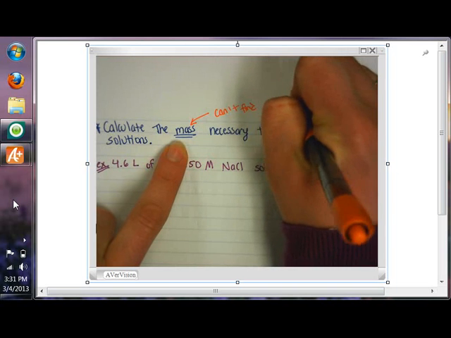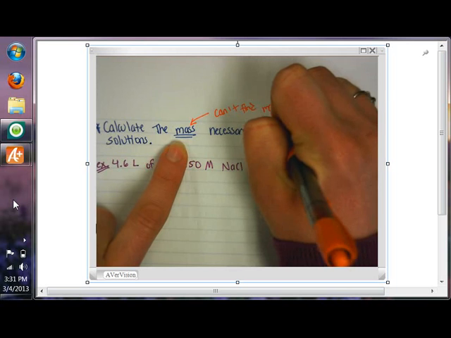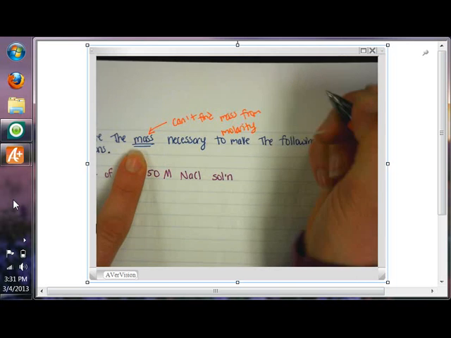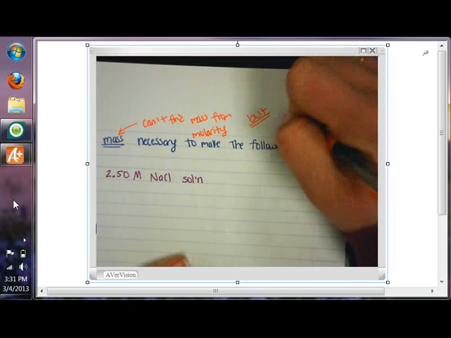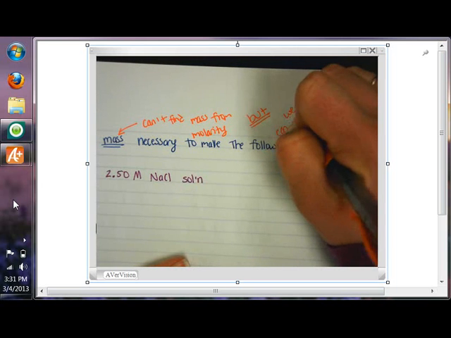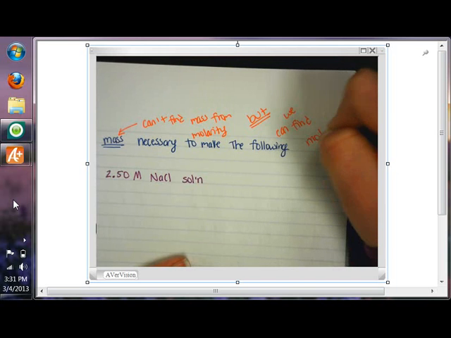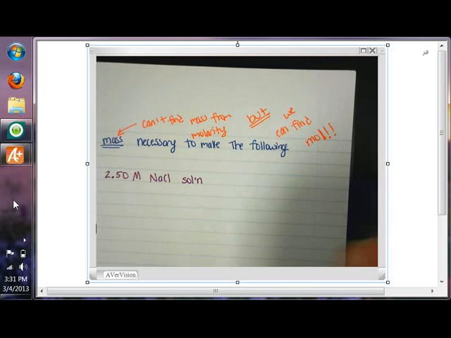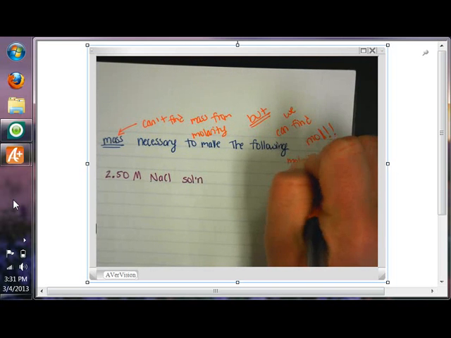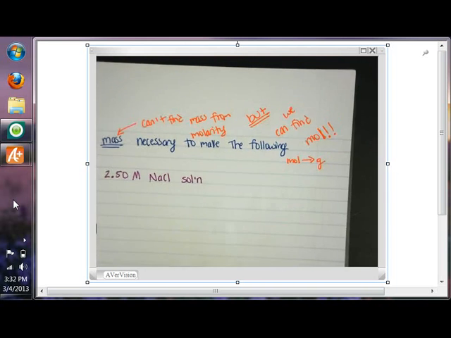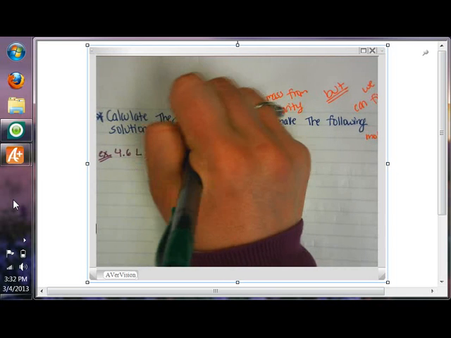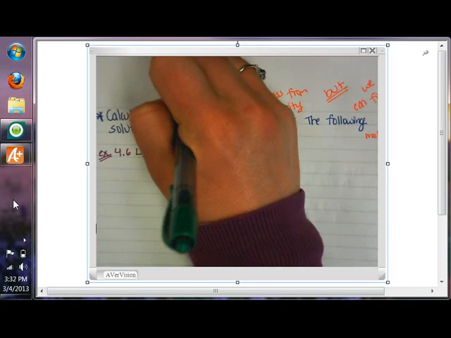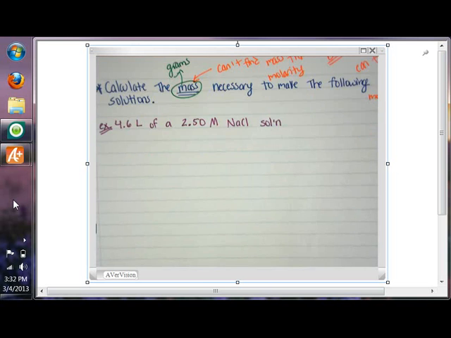We can't find mass from molarity. But we can find moles. So we can find moles, and then we can just go from moles to grams. Because when they ask for mass, they want grams.